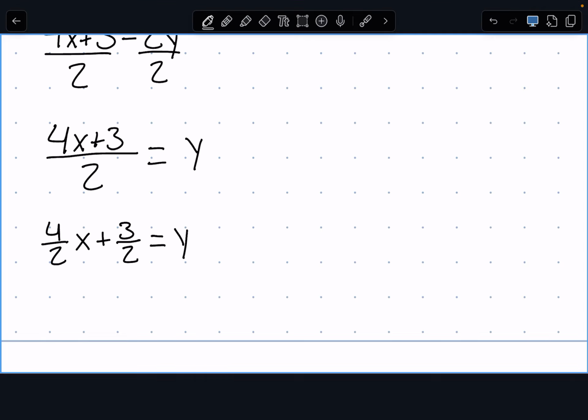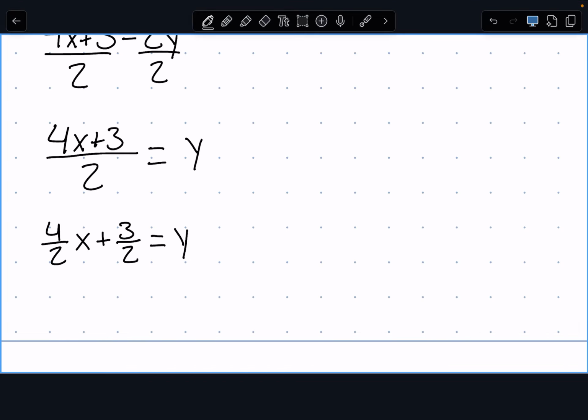Can I simplify either of those fractions? Does anybody know? I think Aiden said he knows. Yes, I can.